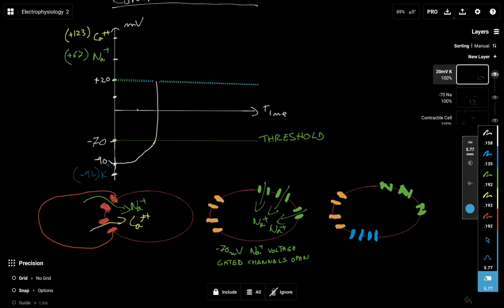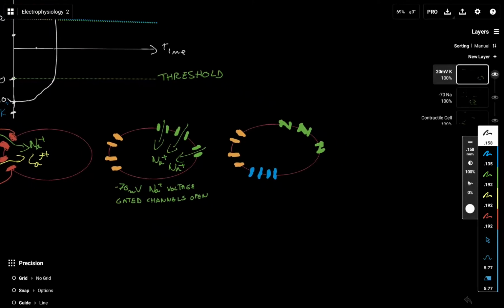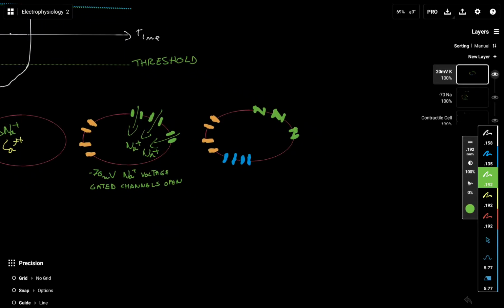Plus 20 millivolts is going to be another threshold for something different. So firstly, the first thing that happens at plus 20 millivolts is that my voltage gated sodium channels will close.